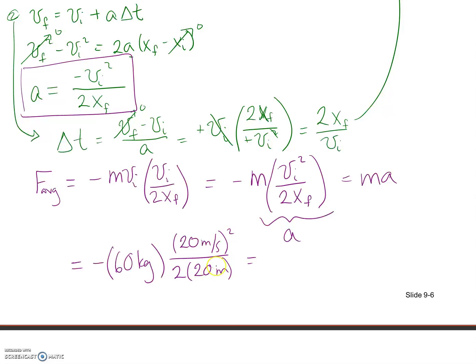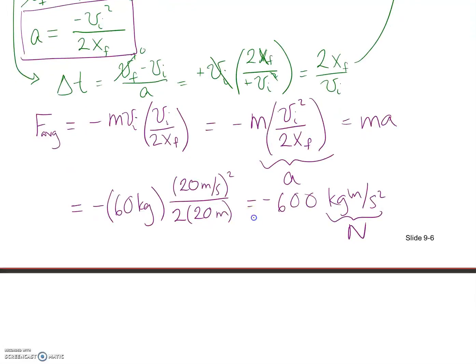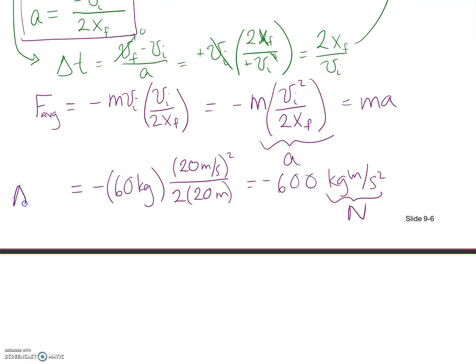If I do this, 20 divided by 2 is 10, and that would be 600, I think. The units, kilograms times meters per second squared, gives a kilogram times a meter over second squared, which is, in fact, a newton. So negative 600 newtons. That's for part A.